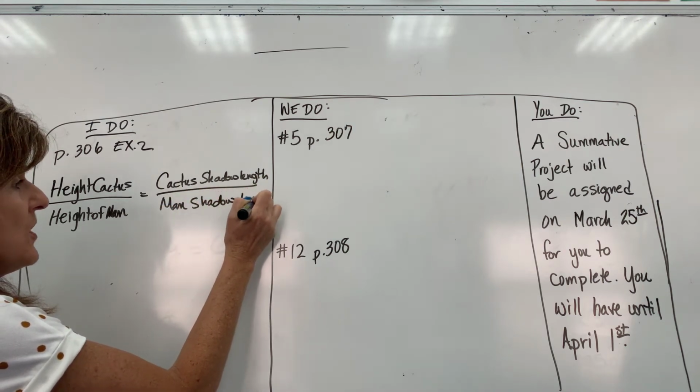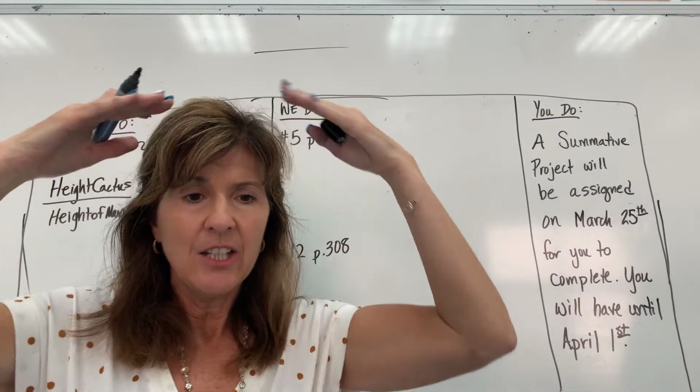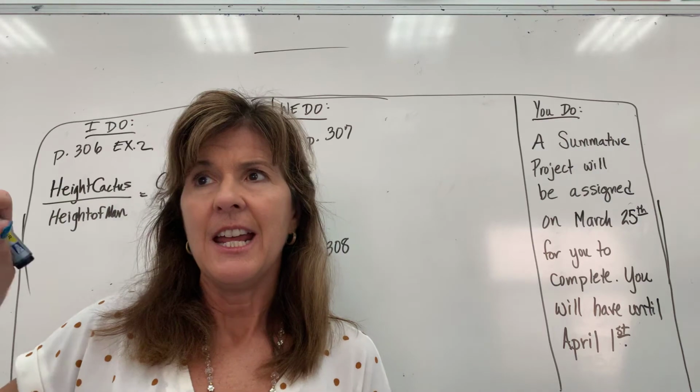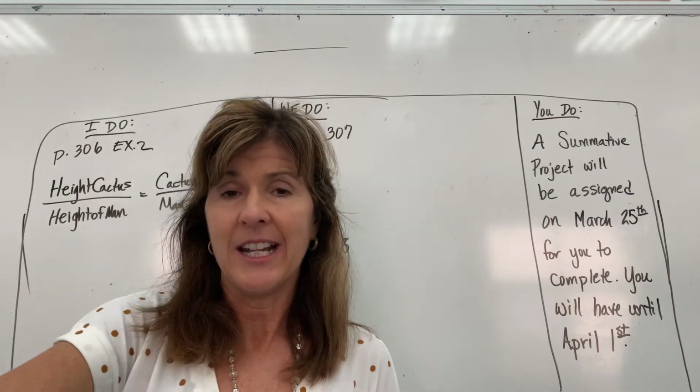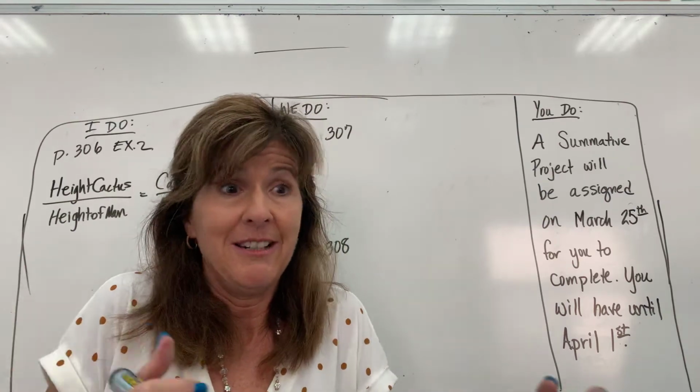So when you do your project, you're going to use your height, your shadow length, and the object's shadow length to determine the height of that object, and then plug it in.